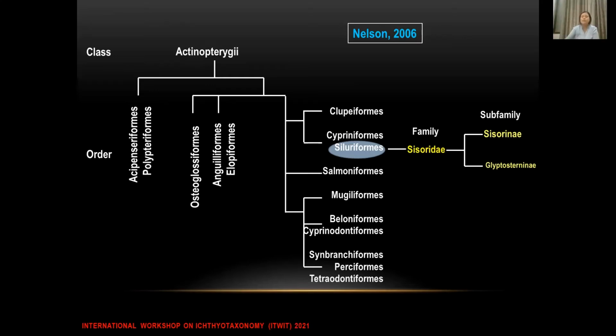Under the family Sisoridae, we have two subfamilies, Sisorinae and Glyptosterninae. The Glyptosterninae are devoid of a thoracic adhesive apparatus, and in Sisorinae, some members have a thoracic adhesive apparatus and some don't.